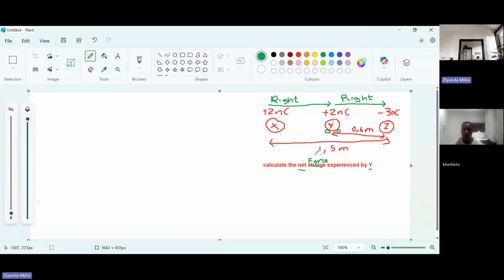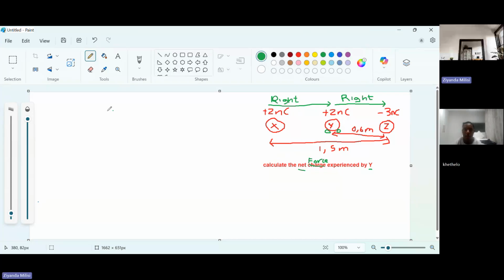It's a moving charge. All right, now we've got two forces here. There is a force by X on Y. We also have a force by Z on Y. You see now there are two forces by two different charges.